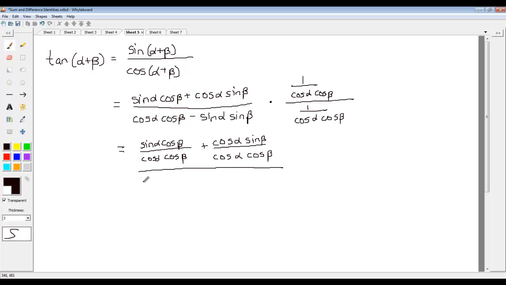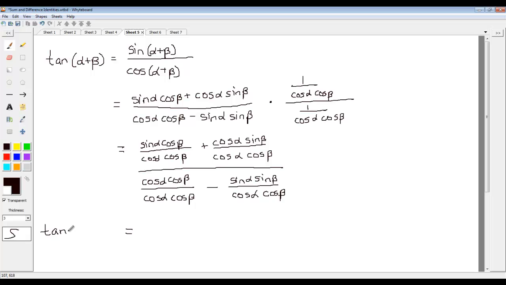And then denominator, we got cosine alpha cosine beta over cosine alpha cosine beta. You can start seeing where things are going to reduce really nicely. Minus sine alpha sine beta over cosine alpha cosine beta. It all falls into place now.